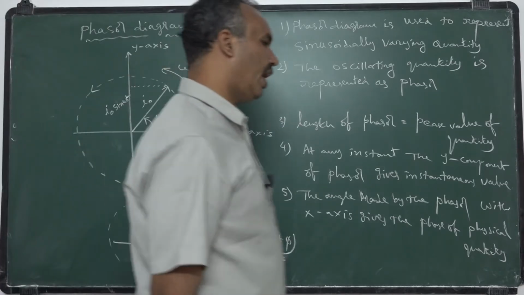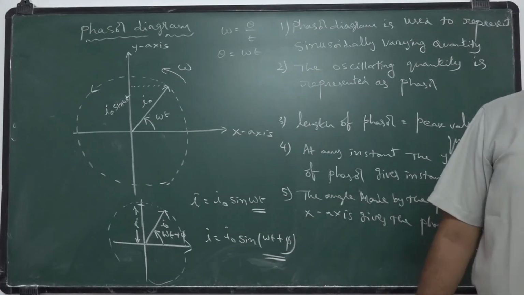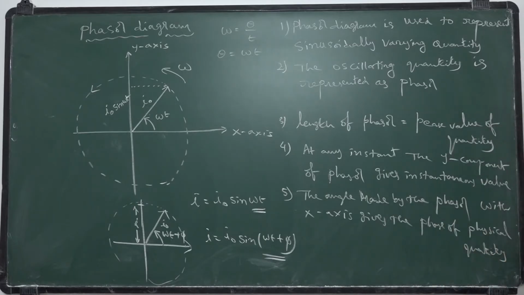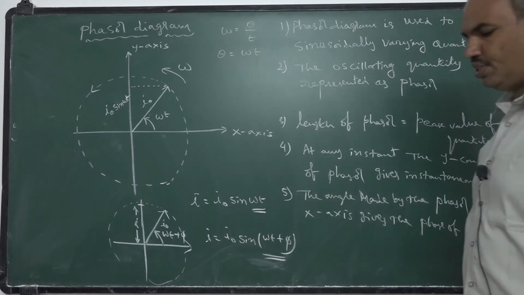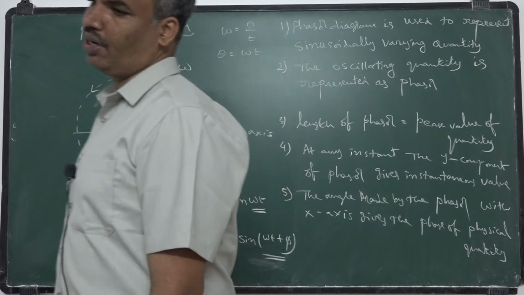Phasor diagram represents the rotation of a vector in anti-clockwise direction with a frequency equal to the frequency of variation of the physical quantity. The length of this vector, nothing but the radius of the circular path, is given by the peak value of the physical quantity. The angle made by the vector with x-axis will give the phase of the physical quantity. Phase means position and direction at a particular time.